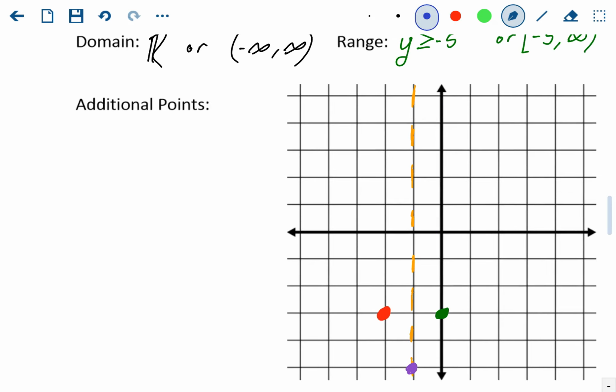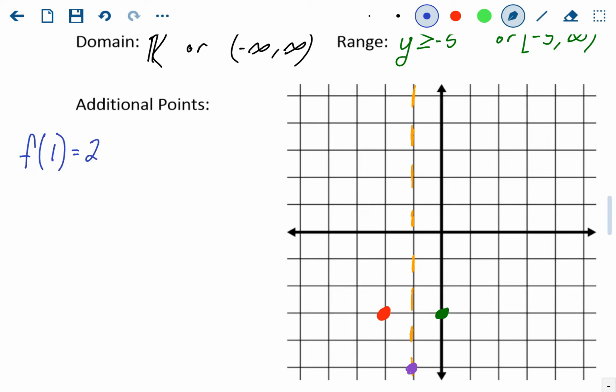So to get another point, you just pick an x value. We know what happens when x is -2. We know what happens when x is -1. We know what happens when x is 0. So we just pick another x value. I'll plug in 1. So I'm going to find f of 1 and see what comes out.